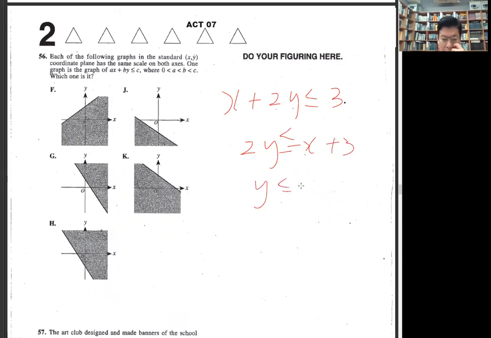Y has to be minus 1 half x plus 3 over 2. Then minus 1 half, less than, so it's this one. The slope is wrong. The slope is too steep. This is almost negative 1. So it should be a little bit flatter.